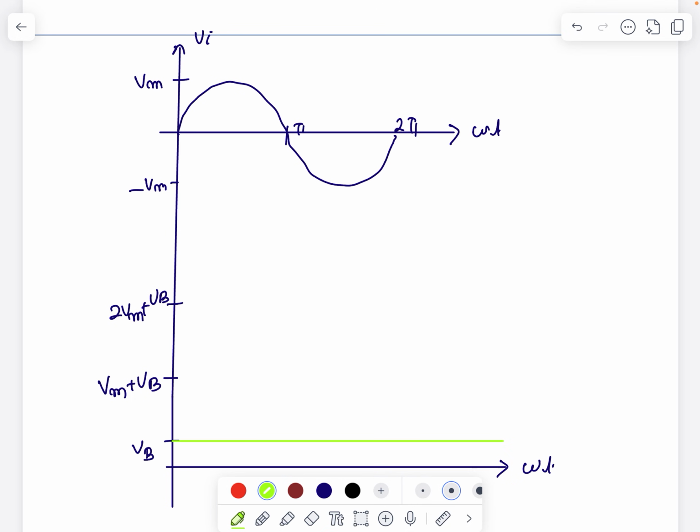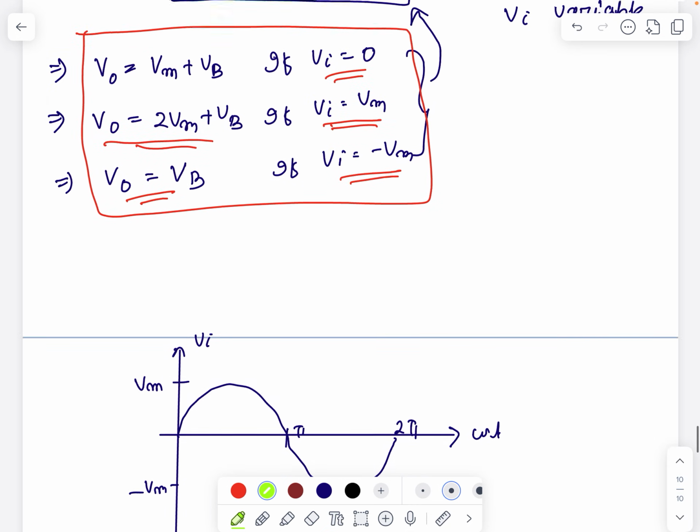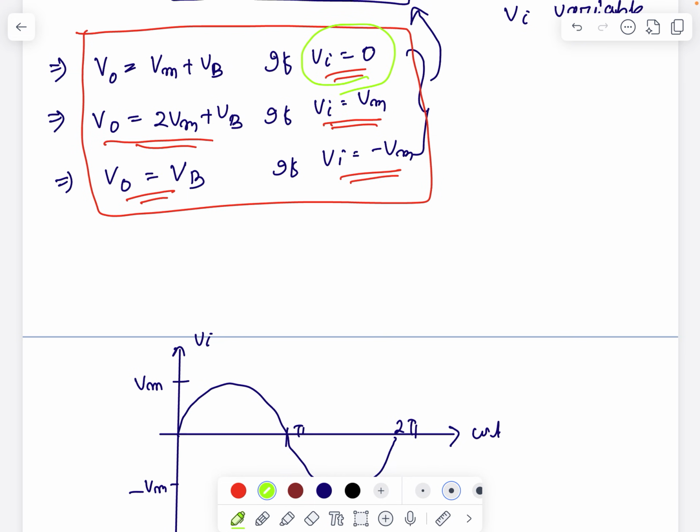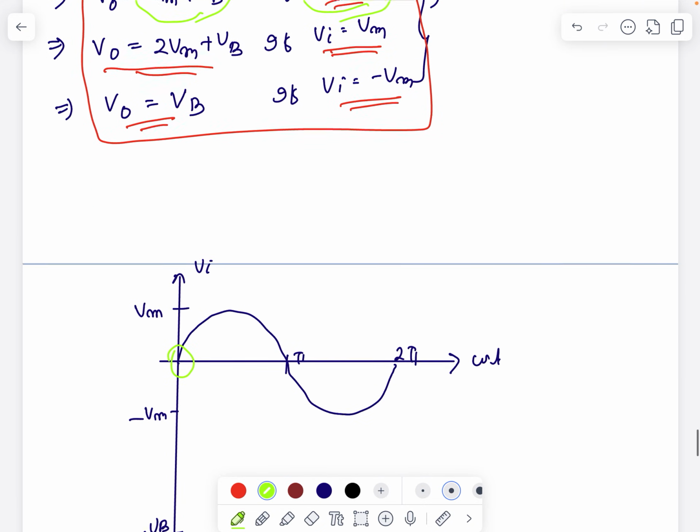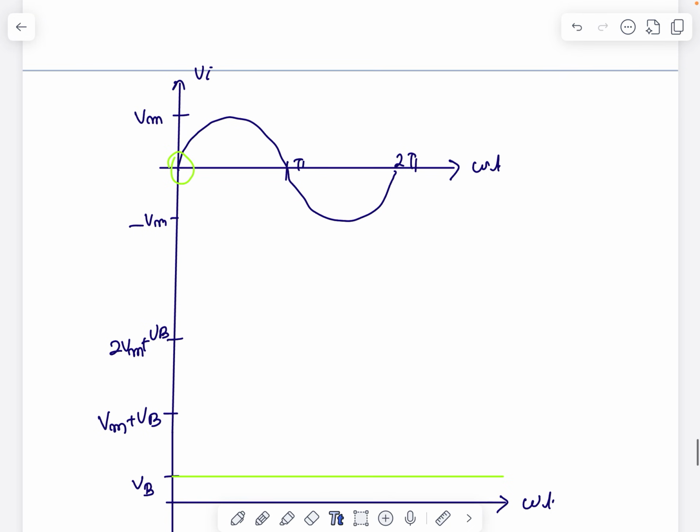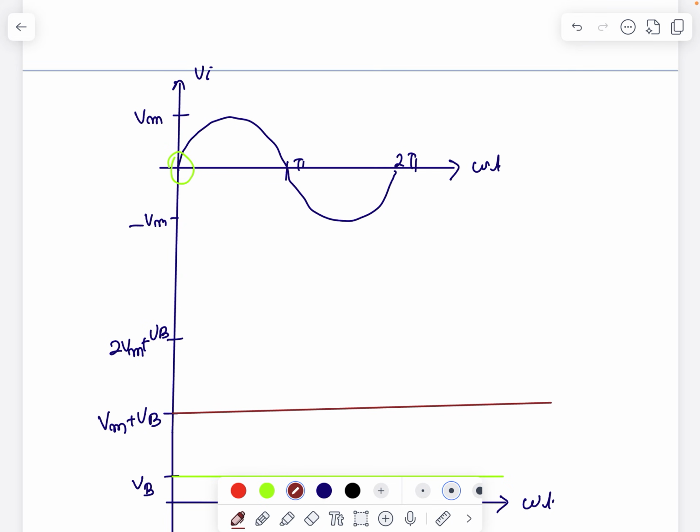So you can see here when Vi equal to 0, that means at this point, when input voltage is 0, at that time output voltage will be Vm plus Vb. The output voltage will start from the Vm plus Vb. Let me draw another line here. So this is the initial point.